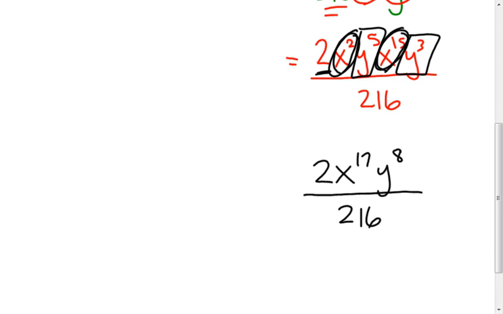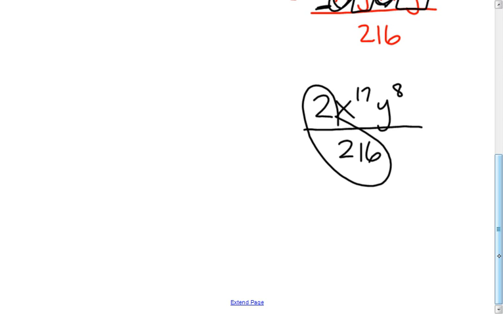The very last thing you can do is think of 2 over 216 as a fraction and reduce it. So 2 over 216 would reduce to 1 over 108. So this really becomes x to the 17th, y to the 8th over 108. Technically there's a little 1 right there when you reduce 2 over 216 you have 1 over 108, but you don't need to write that 1 right there. You don't need it.